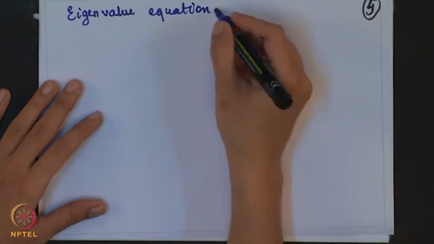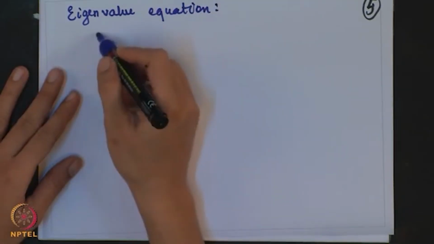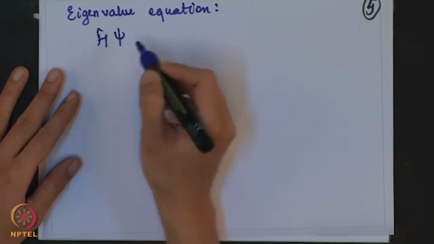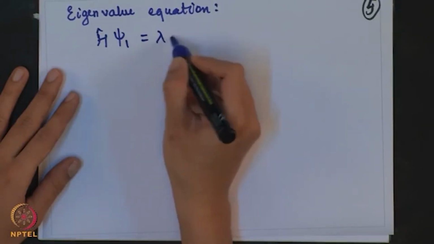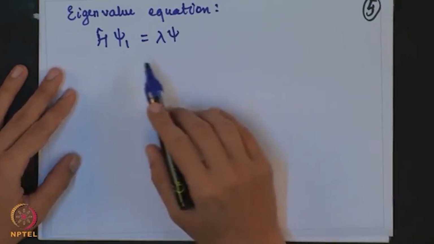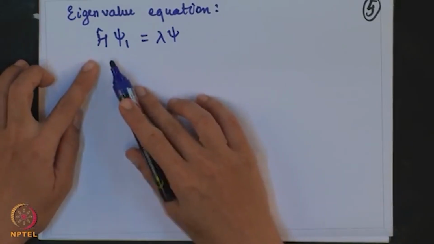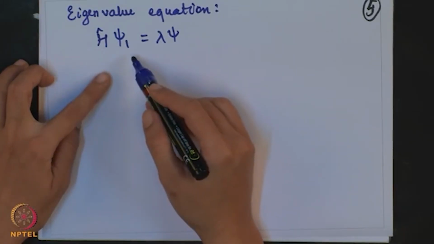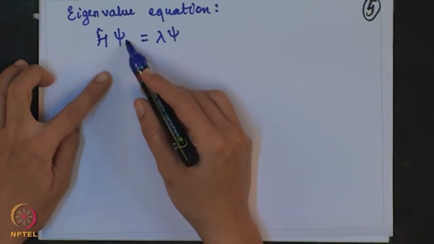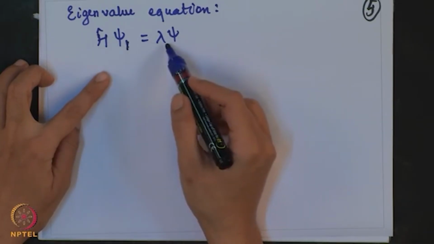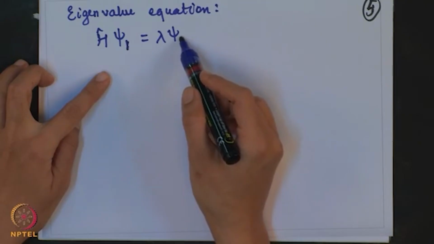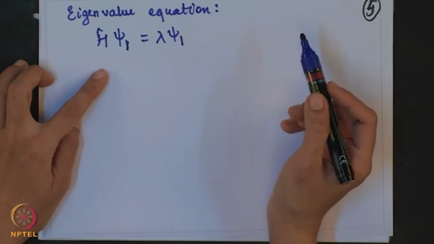Those who do not know how to calculate, let me demonstrate again. This is the eigenvalue equation: operator H on the eigenvector psi 1 is equal to lambda psi 1, where lambda is the eigenvalue and psi 1 is again the eigenvector.